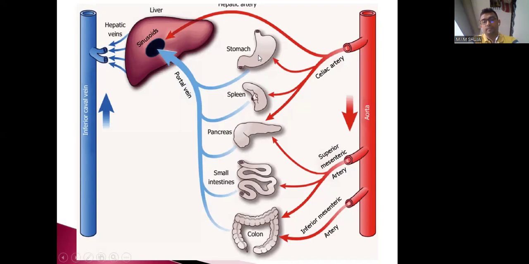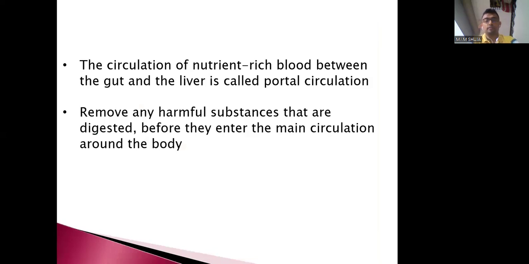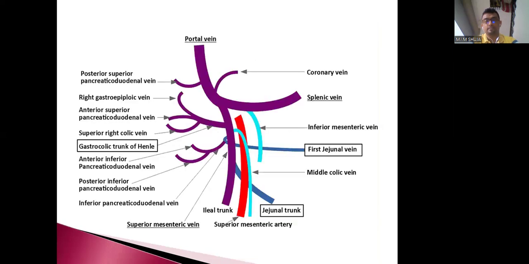So when we eat something, any toxic substances are reabsorbed at the gut level through the portal vein and go into the liver where the detoxification occurs, and the pure flow reaches the inferior vena cava, which empties into the cardiac chamber. The circulation of nutrient-rich blood between the gut and the liver is called portal circulation. Removal of harmful substances that are digested occurs in the liver via this system.